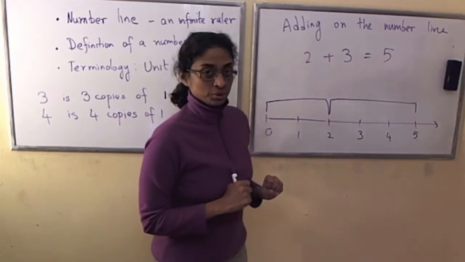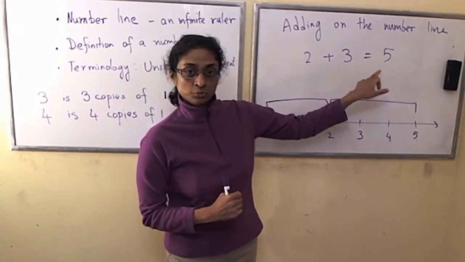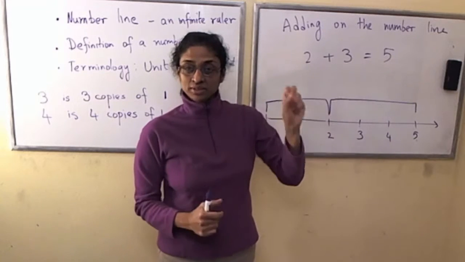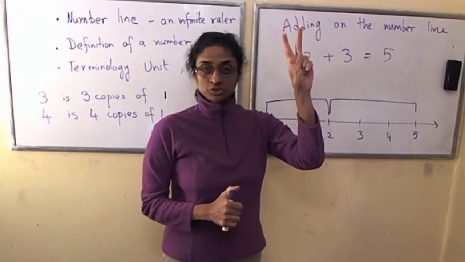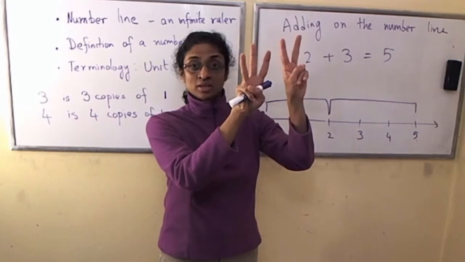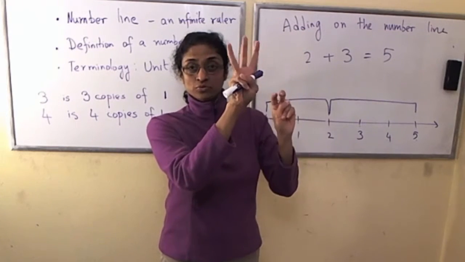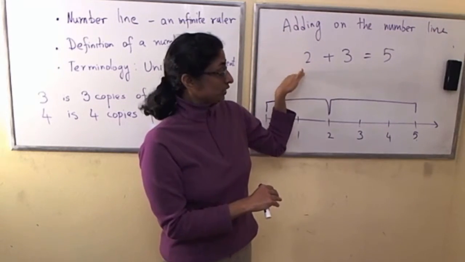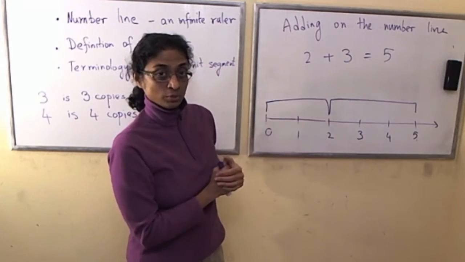One last quick thing you can do with your students is the following. 2 plus 3 equals 5. That is something they have done with discrete objects. 2 meant 2 objects or 2 fingers, and 3 meant maybe 3 fingers, and then 2 plus 3 is counting on. You have 2 and then you count after 2: 3, 4, 5. And we can do the same arithmetic, 2 plus 3 equals 5, on the number line, and here's how we think of it.